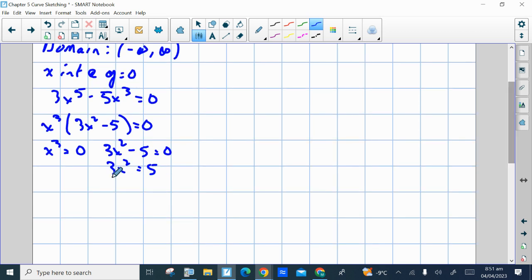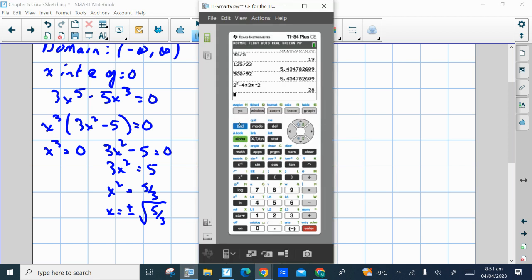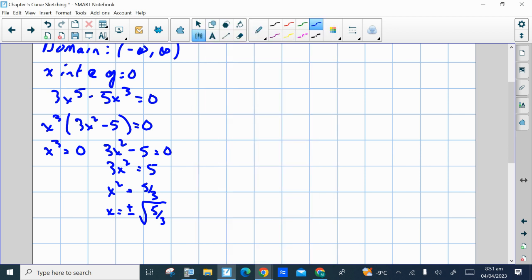So 3x squared will equal 5. x squared will equal 5/3, and x will equal plus and minus the root of 5/3. And if we use our calculator to get an approximation of that, the root of 5/3 is approximately 1.29. Okay, so there's our intercepts.